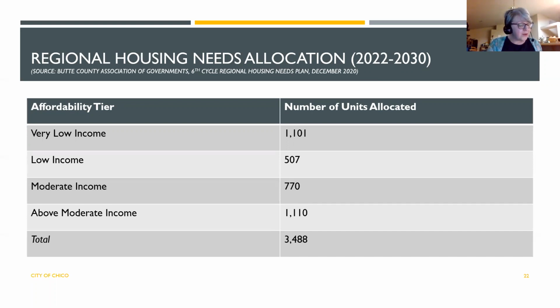And one thing that I wanted to note here is that there's been an overall decrease when you look at the total of 475 units compared to the previous cycle for the housing element. That decrease has really been in the above moderate income category, which was a decrease of 529 units. And then there was a slight increase in the other income categories, resulting in a net decrease of 475 units.